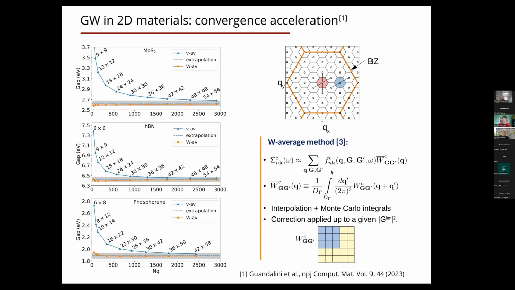This is done by a combination of an interpolation scheme plus a Monte Carlo technique to compute the averages. In this way, it can be seen here in orange that the convergence is greatly accelerated, and we are able to obtain convergent results with grids comparable to those of density functional theory.